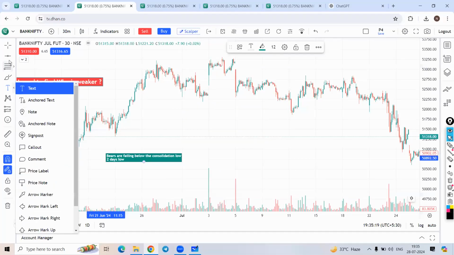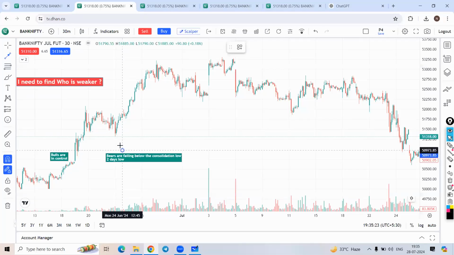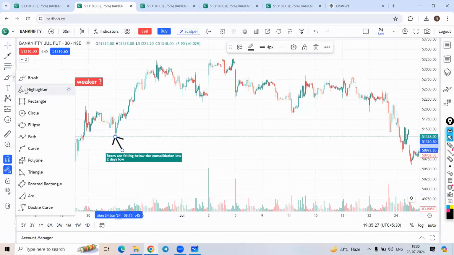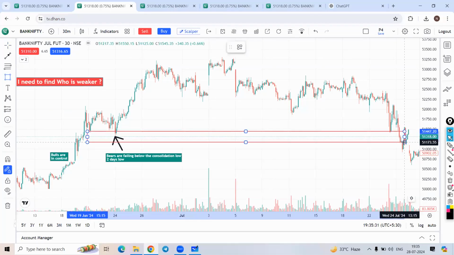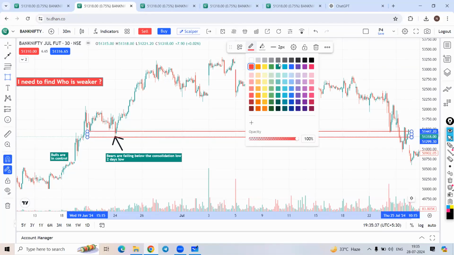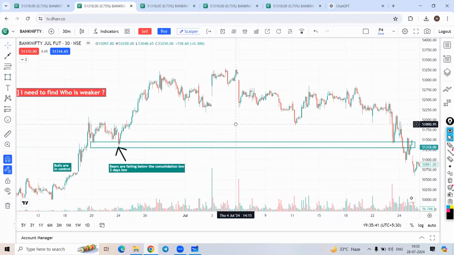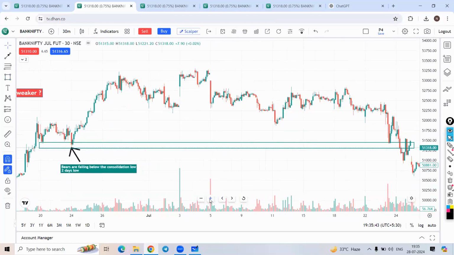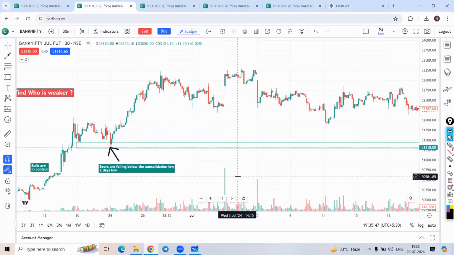Fine enough. Bears are failing here. So basically, this is my priority until it gets tested. Green color mark, why? Bulls. Fine. Number one is very clear, a very straightforward approach.